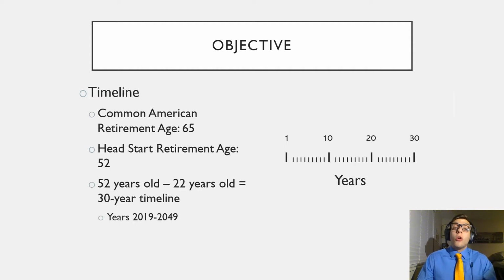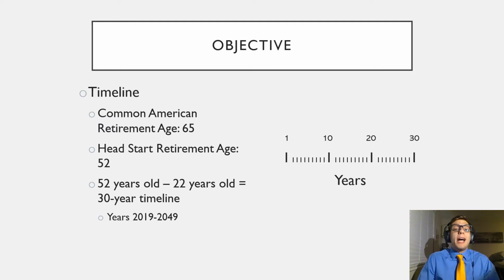As I stated earlier, the timeline for this investment is going to be 30 years. I got to that number based on the common retirement age for Americans, which is around 65 years old. But with getting this $100,000 as a head start, I want to lower that retirement age so I have more time in my future to play golf and enjoy my final few years of life.